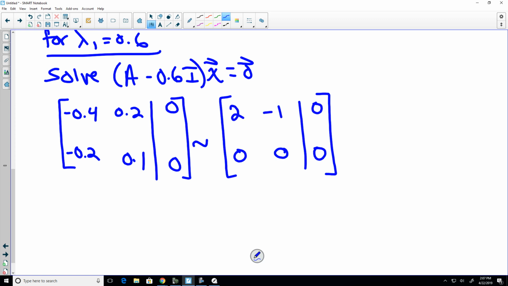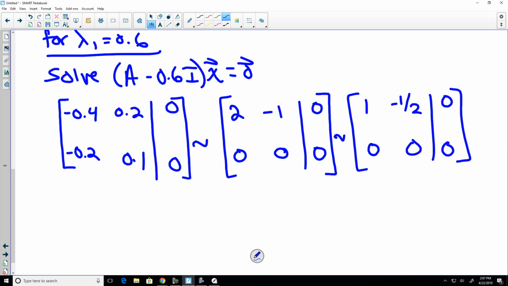And then we divide by 2. So x1 is 1/2 x2. x2 is free. Let's let it be 2. So we get this eigenvector 1, 2, like that.